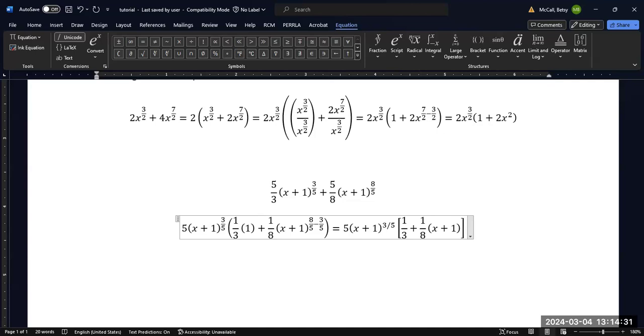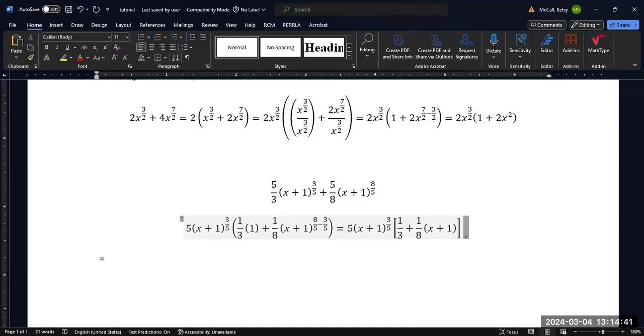Now, if we wanted to, of course, we could try to find a common denominator and then factor out the common denominator to make this even a little bit easier.